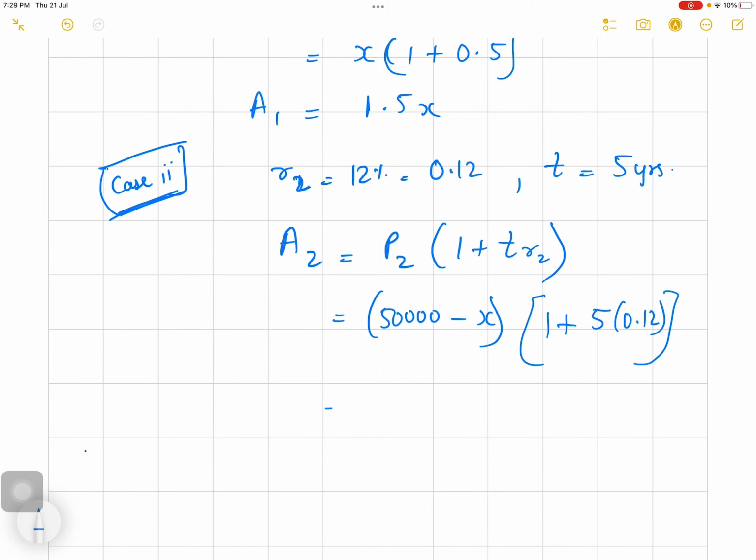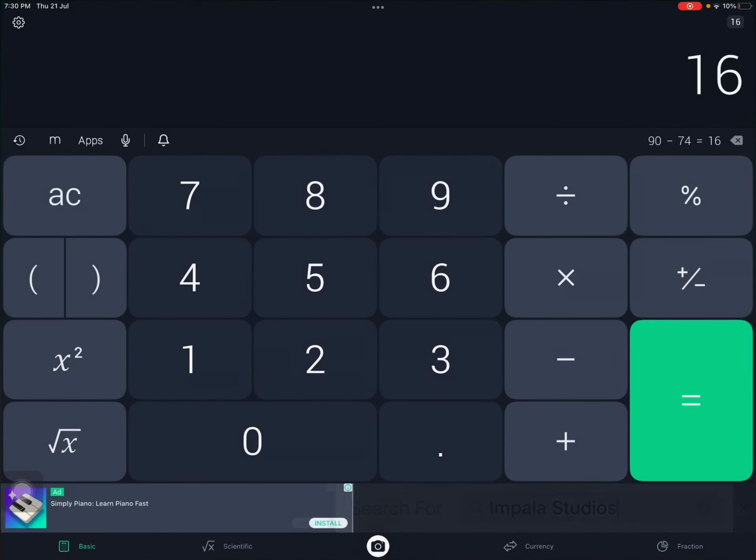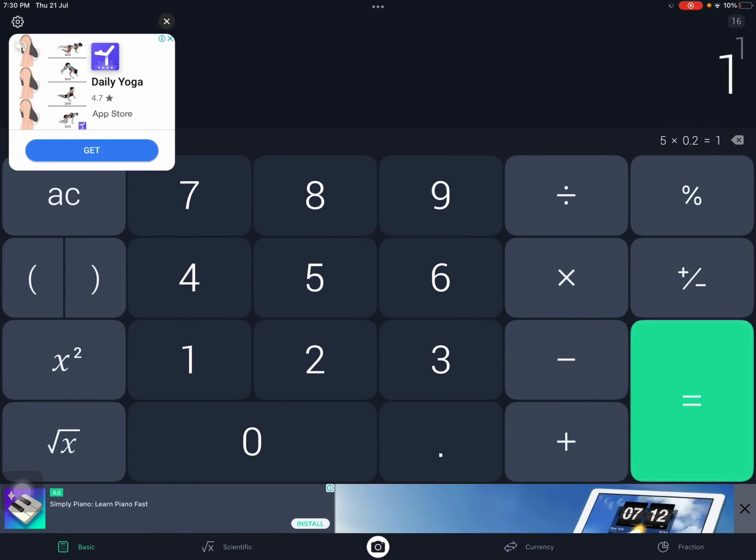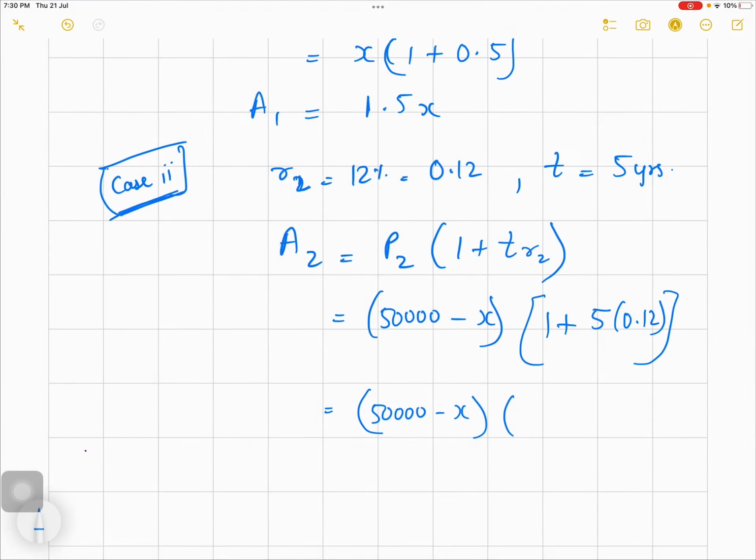So when we calculate this, 50,000 minus X into, let's calculate 5 into 0.12 plus 1. 5 into 0.12 is equal to 0.6, so this will become 1.6.